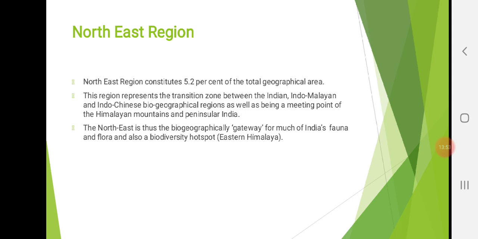Dash is a meeting point of Himalayan mountains and peninsular India. So your answer should be Northeast region. The Northeast is thus the biogeographical gateway for much of India's fauna and flora and also a biodiversity hotspot.